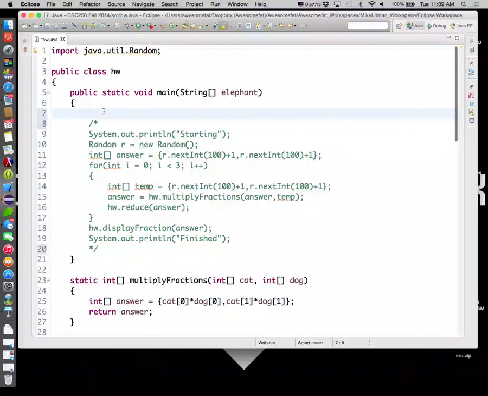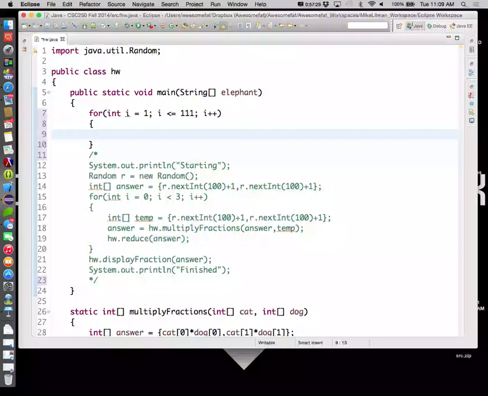What I want to do is let's just pick our 111 as our example. Okay, so I'm going to say for int i is equal to 1, i is less than or equal to 111, i plus plus. Actually, I want to walk backwards just so our numbers kind of match up for us.